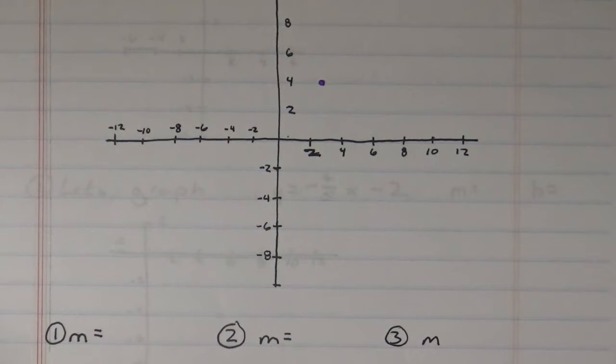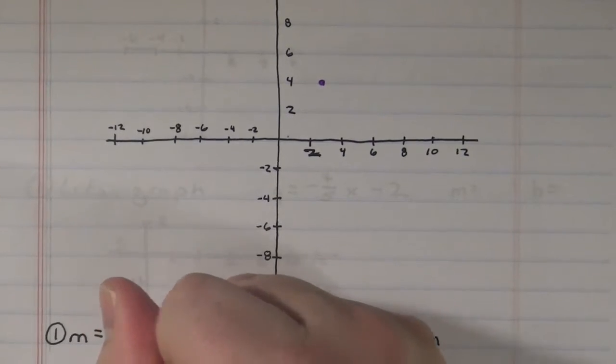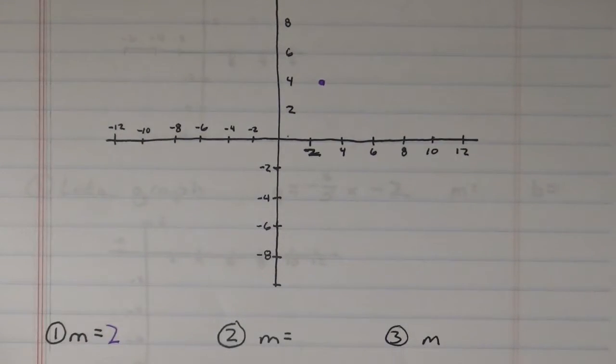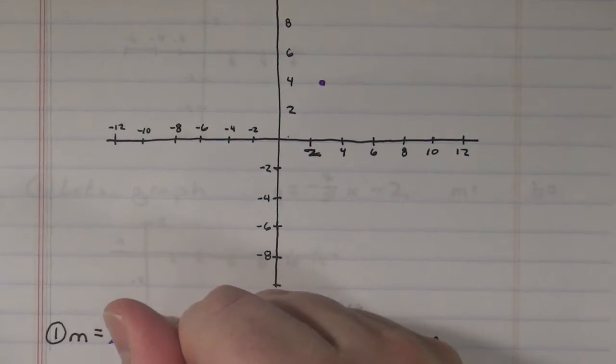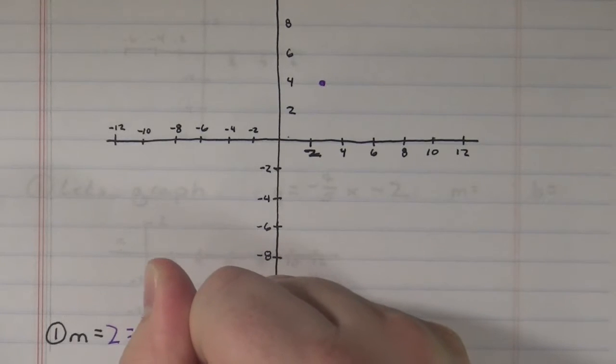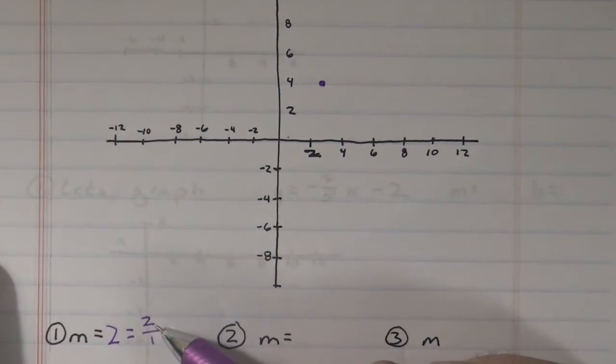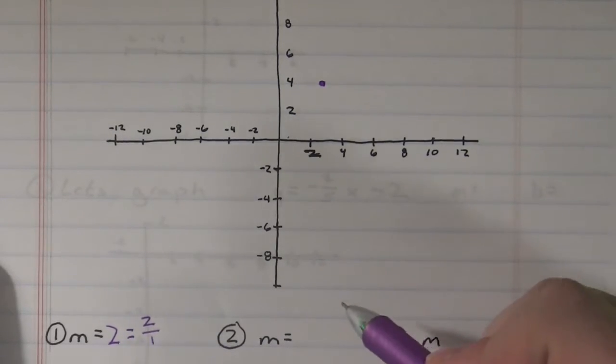So the first thing that I want to do is find a line that goes through 3, 4 that has a slope of 2. Now remember, slope is always said rise over run, or basically the vertical change over the horizontal change. Well, we can rewrite a slope of 2 as simply 2 over 1. Now notice that this is positive, so that means that I'm going to go up 2 and to the right 1.